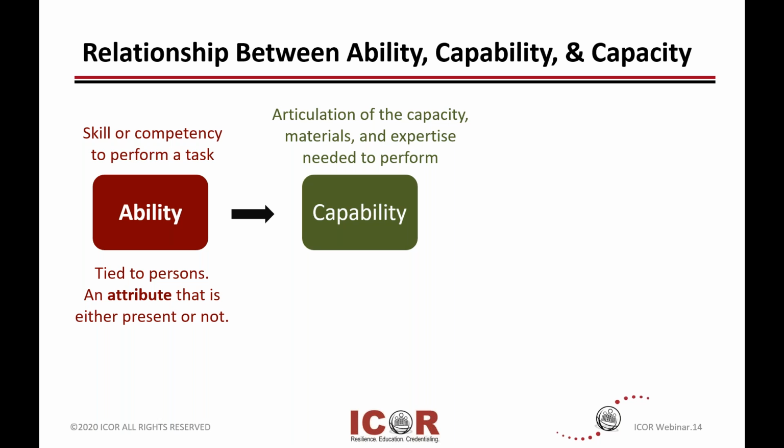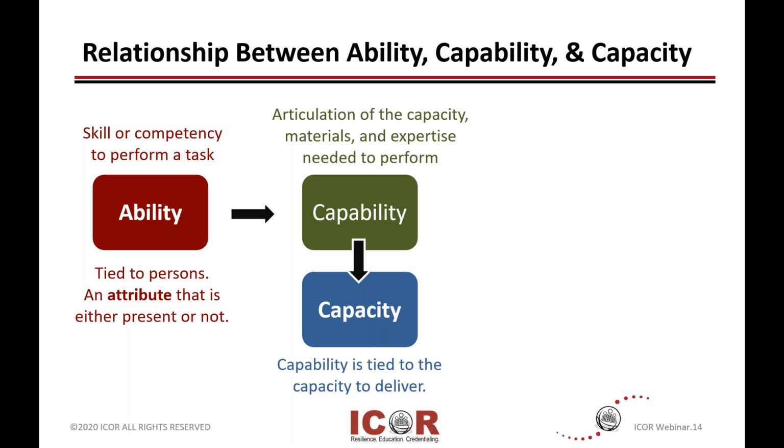Within a business setting, a business capability, you need those things. It's that expertise to perform your core functions. And you might be able to define business capabilities, but actually be unable to deploy it because you don't have the right capacity, because capability is tied to the capacity to deliver.